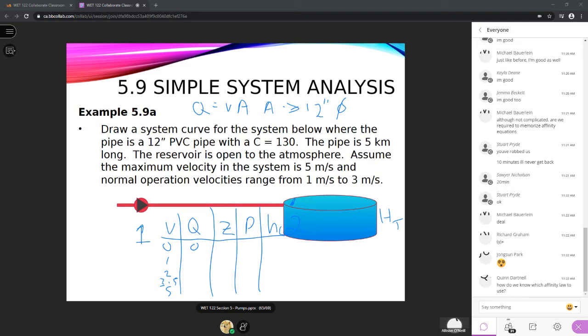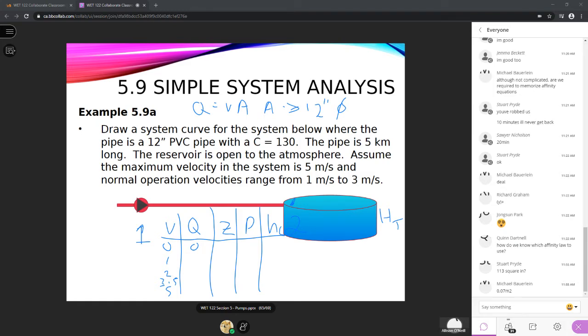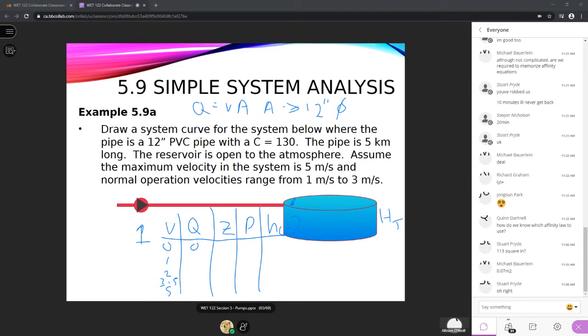Does anybody have an area they would like to share? Yeah, we definitely need everything in meters squared.